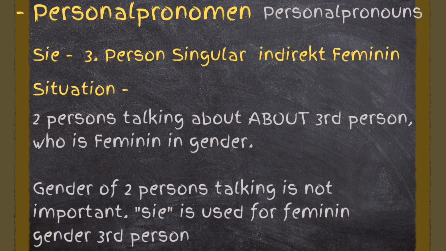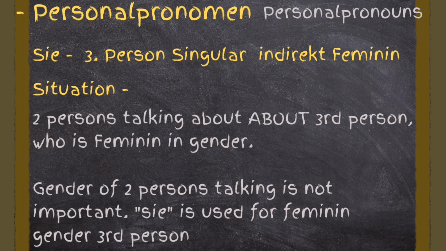Example: when two persons are talking about third person who is feminine in gender, then the third person will be referred to as small z.